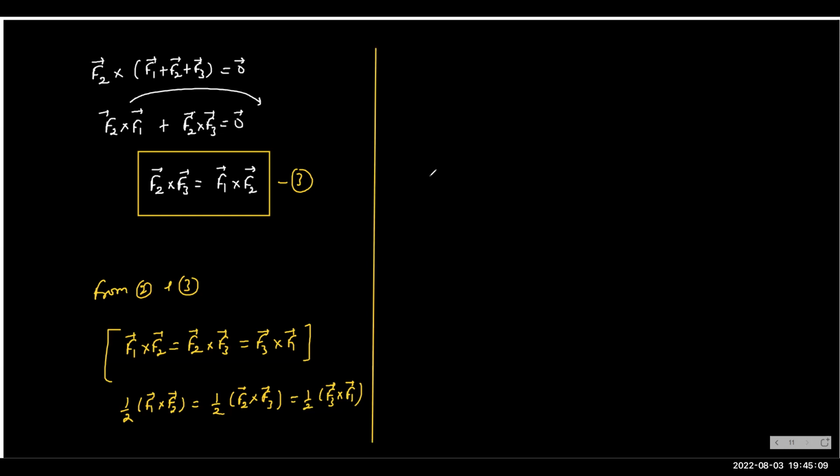So now you can take the modulus of equation 4. Taking the modulus of equation 4, you will get the answer F1, F2.